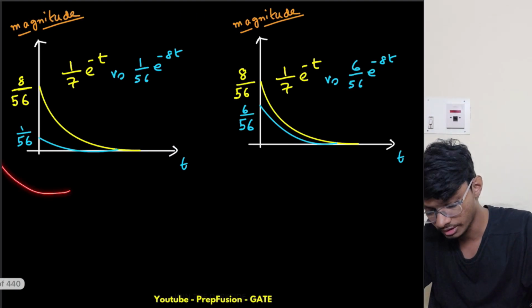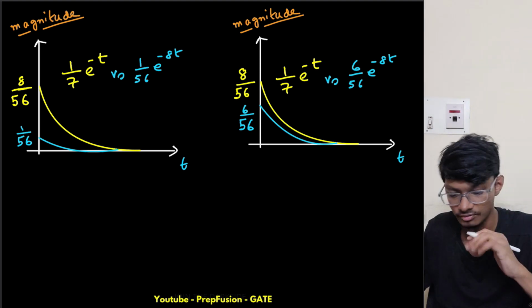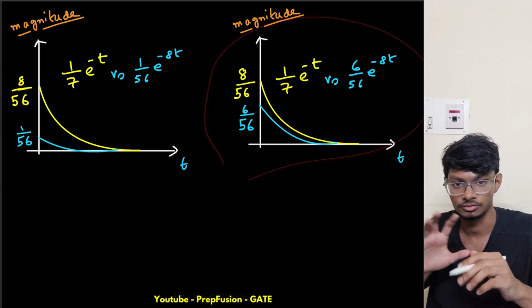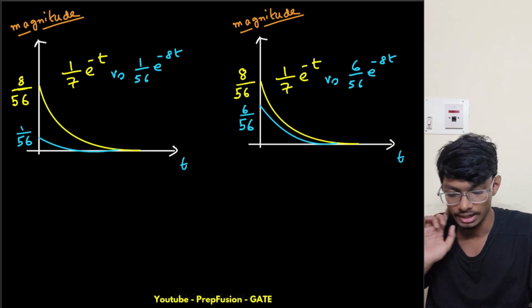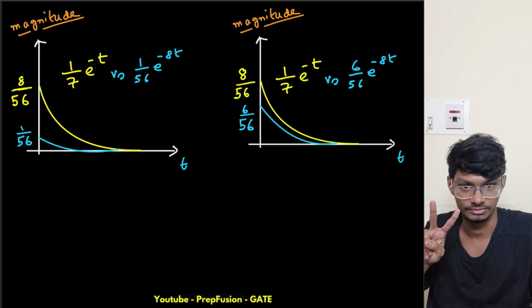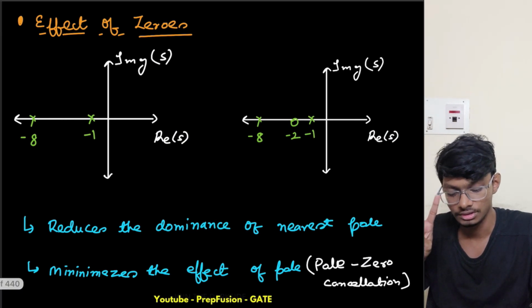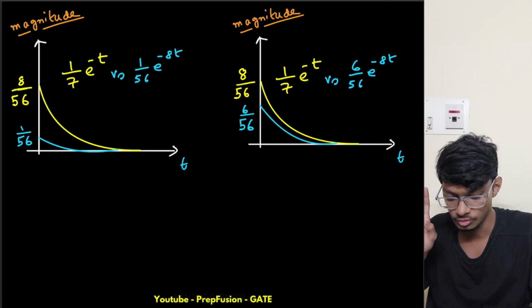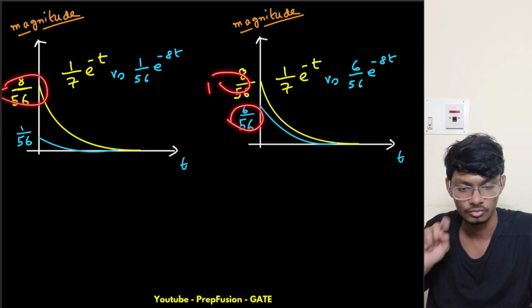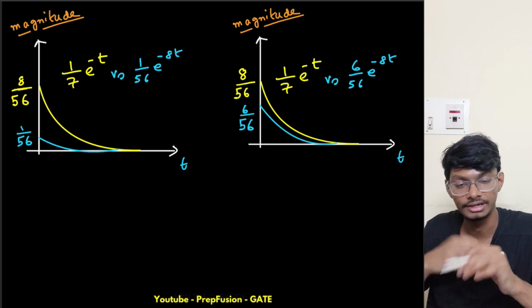Graphically I have also done an example, and from there we understand this is the system without zero and this is the system with zero. I have plotted the magnitude, and I can see that with the zero there are two transient terms. Here this one is much higher than the other, so it doesn't even affect it, but here these two are close, hence I have to take account of both of them.